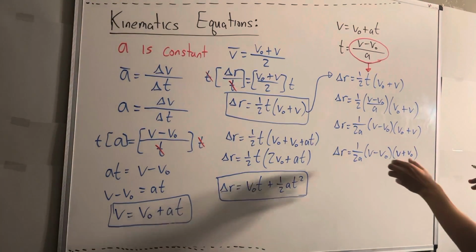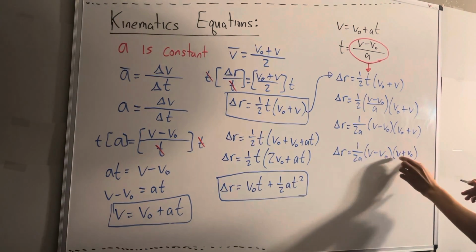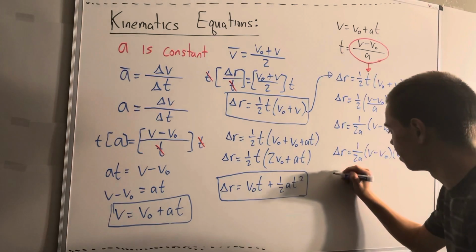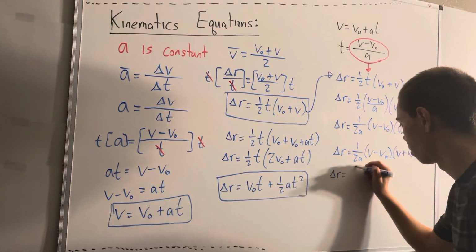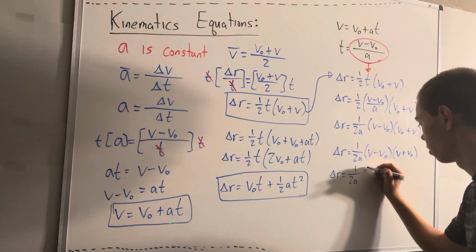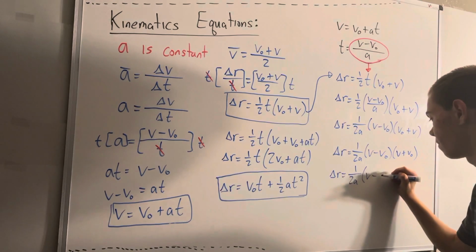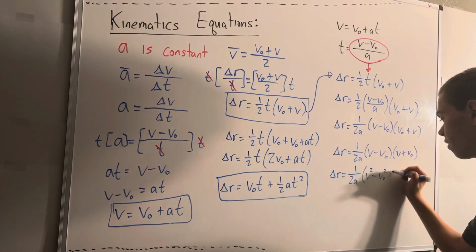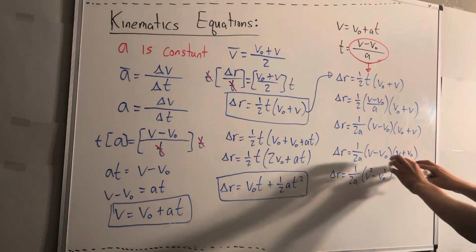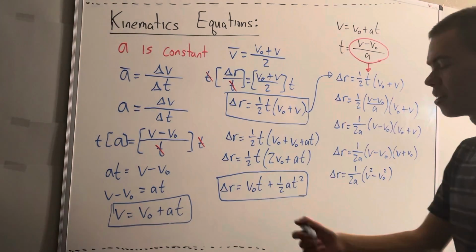And so notice how this is really just a difference of perfect squares when we multiply these out. And so what we get is v squared minus v sub 0 squared. That's when you multiply these out. It's just a difference of perfect squares.